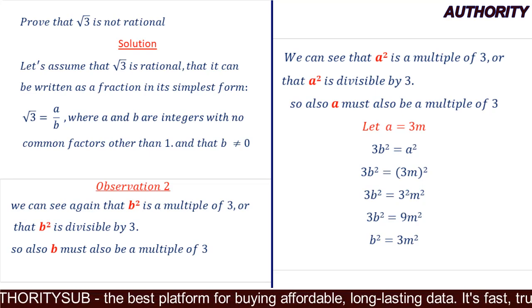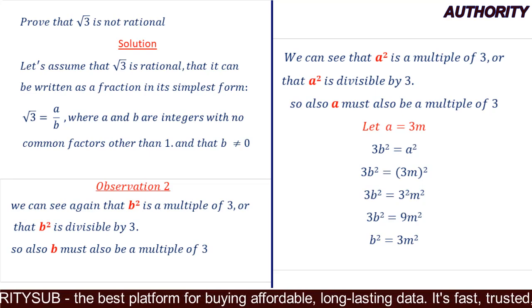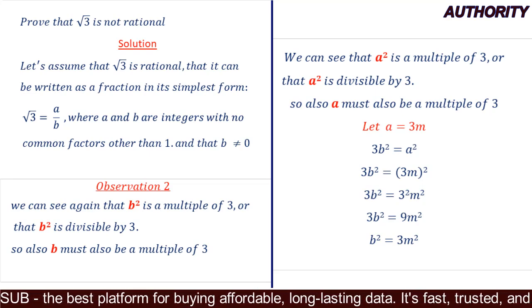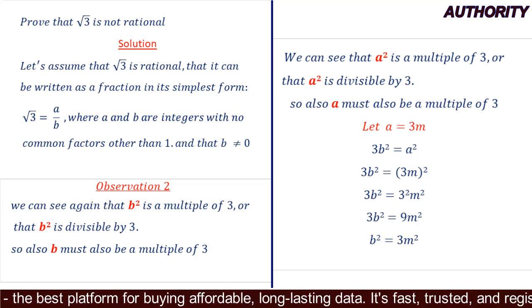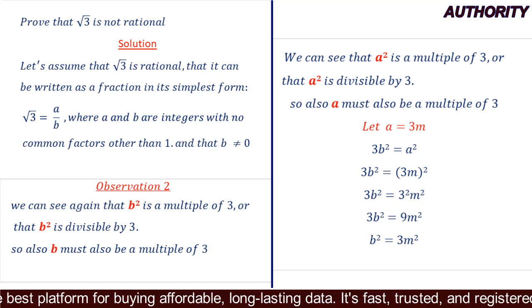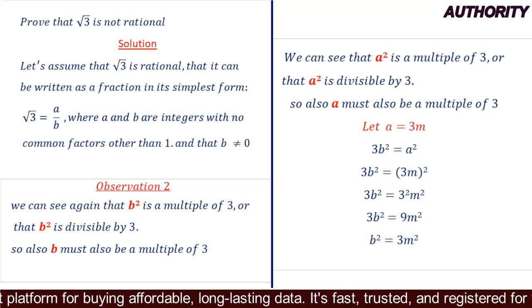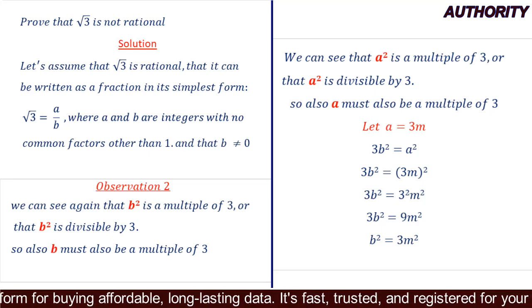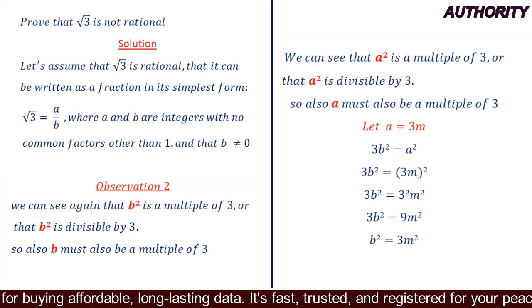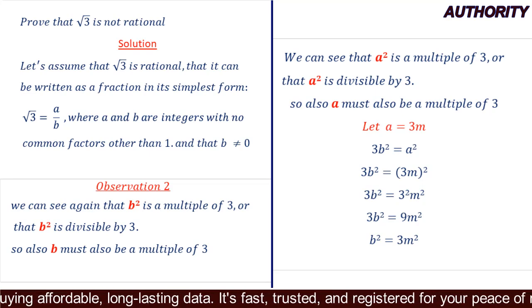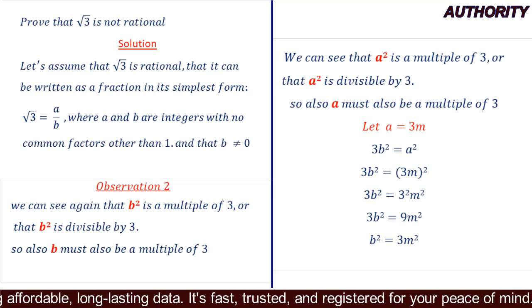So from observation 1 and observation 2, we can see that it contradicts our initial claim. What was our initial claim? Our initial claim was that square root of 3 can be written as a over b, where a over b does not have any common factor, or is not divisible by any number.